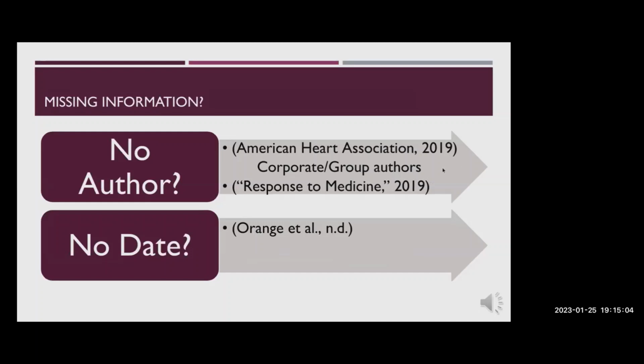You'll also see that with, like, the Center for Disease Control or various kinds of government offices. Worst case scenario, if you absolutely have nobody to use as an author, you can use the name of the piece that you're looking at. But generally, you can find some kind of author.